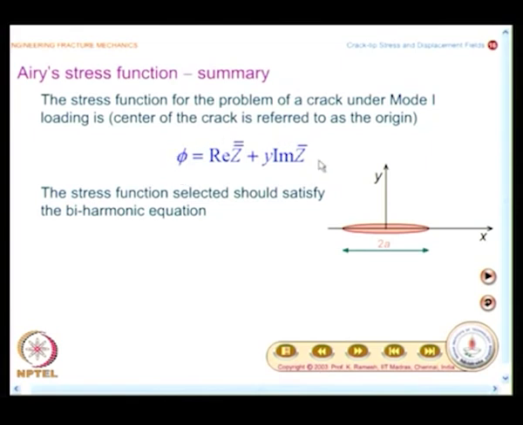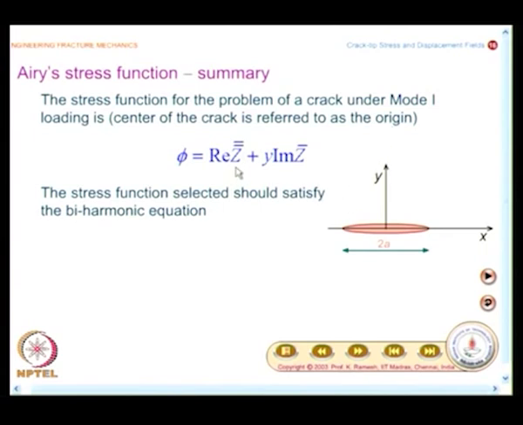And in the case of a problem of a crack under mode 1 loading, the Airy stress function is given as real part of Z double bar plus y imaginary part of Z bar. The Z is a Westergaard stress function. We are yet to see for the case of a mode 1 problem what is its form.